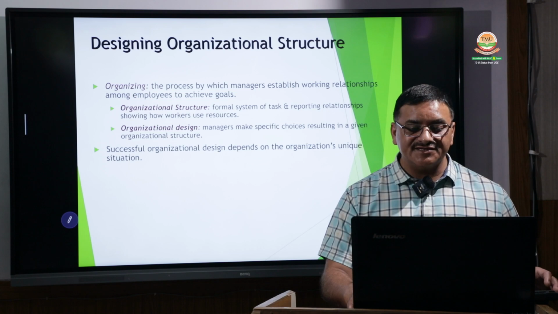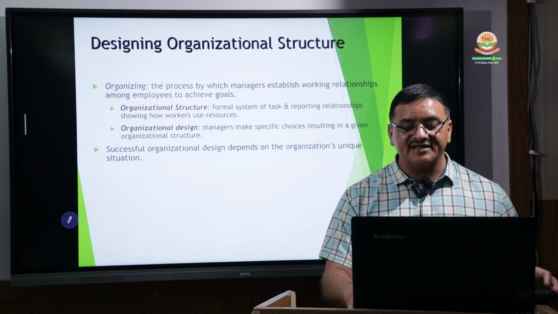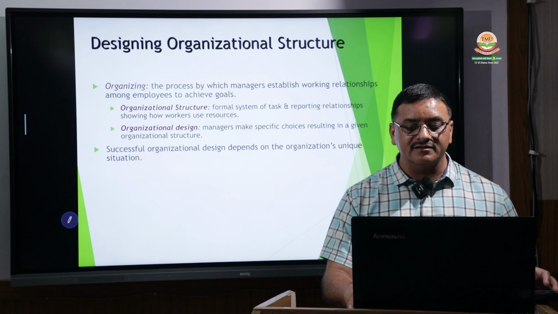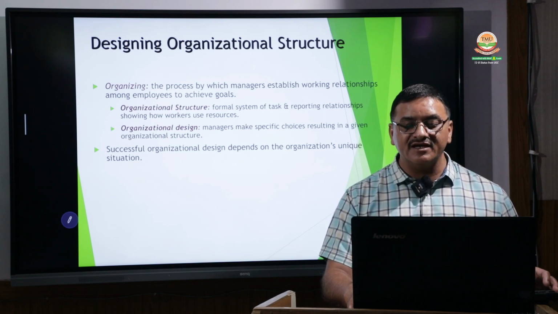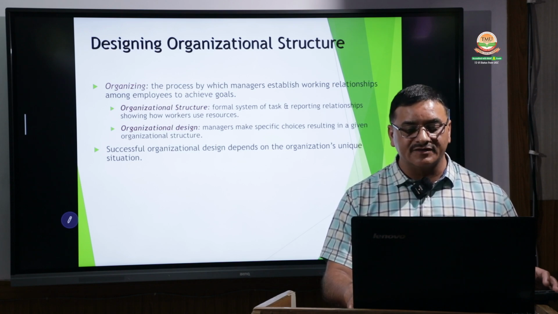Then we have formalization also, which refers to the extent to which all procedures, systems and policies are written so that the organization becomes independent of the person who founded it and acquires a lifespan substantially longer than any one individual.